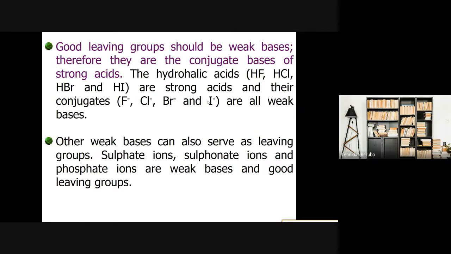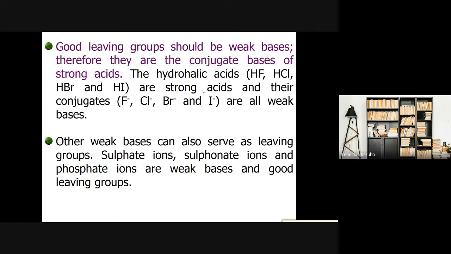But if you have a weak acid, like water, water is also acidic because oxygen is bonded to two hydrogen atoms, which have partial positive charge, so it's acidic to some extent. But it's a very weak acid because when you dissolve it, it doesn't easily ionize out. So the bases that result from weak acids are usually very strong.